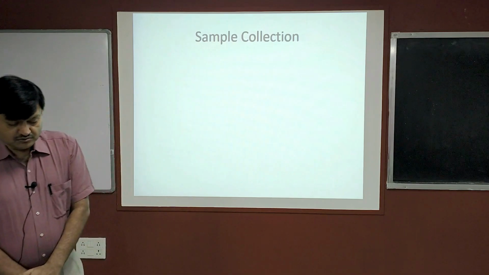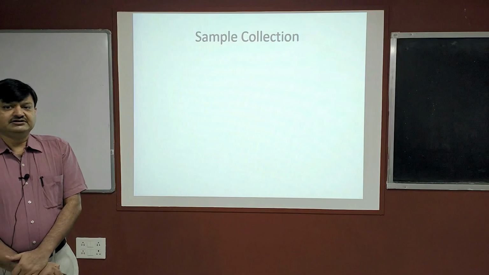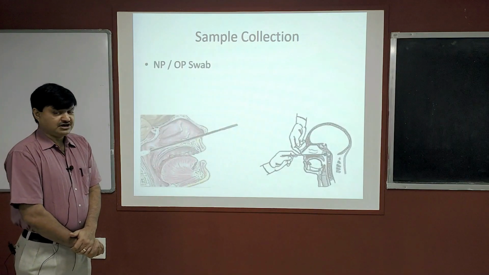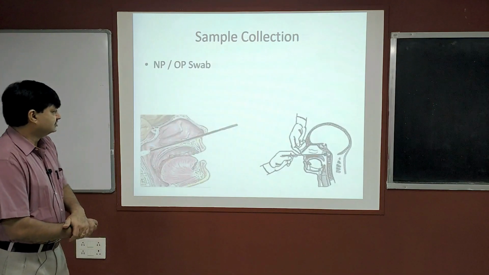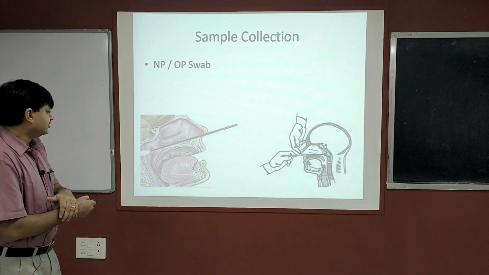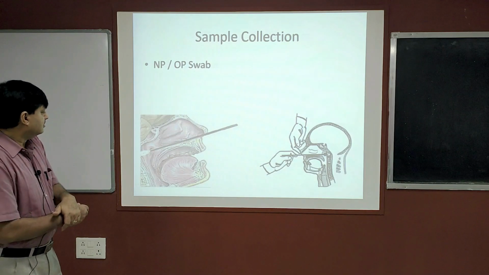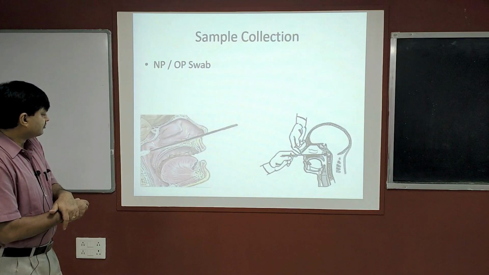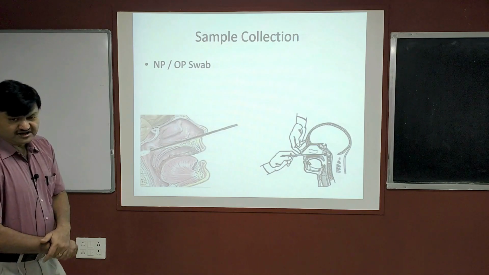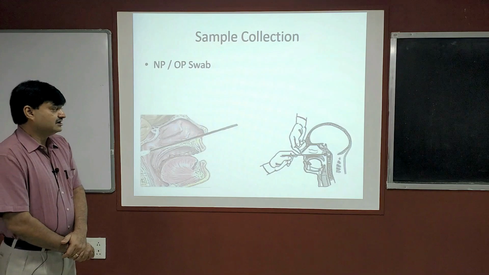Now we come to the sample collection and laboratory diagnosis, right? So what is to be collected is a nasopharyngeal swab or oropharyngeal swab. You can see over here, with a long stick and the swab, the secretions from the posterior pharynx, nasopharynx, oropharynx need to be collected.